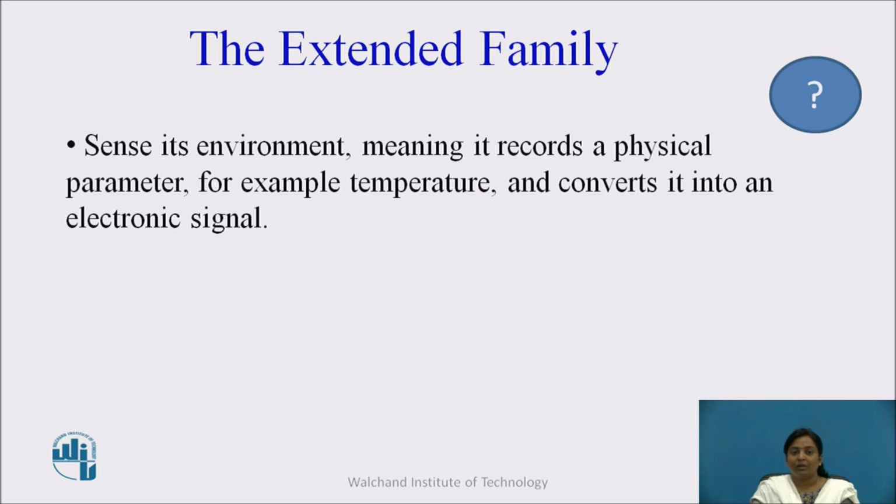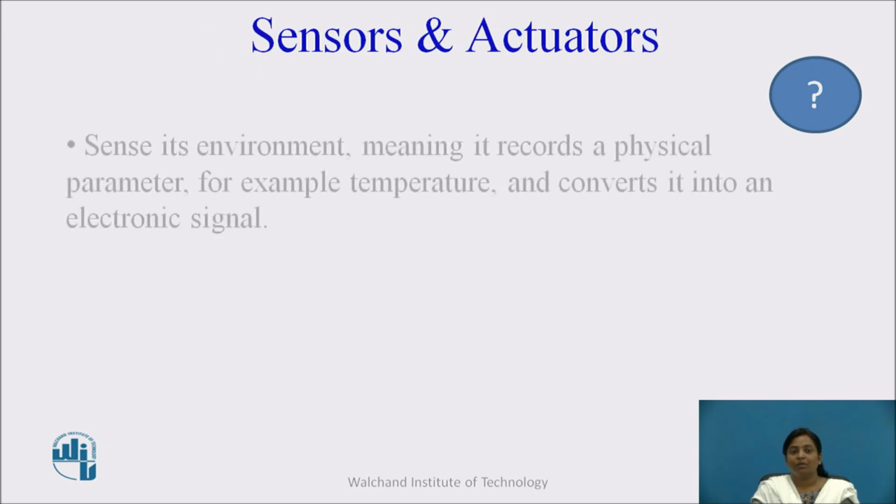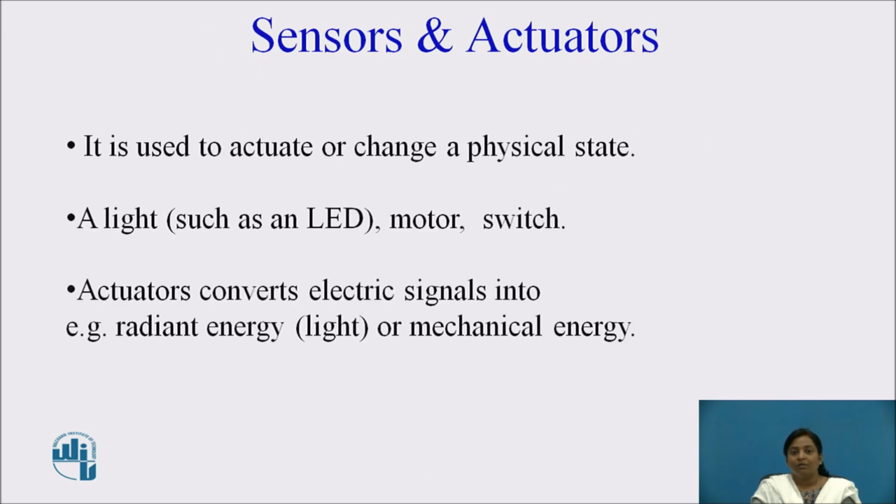So it is one of the extended devices. Then the actuator changes the physical state according to the order of the microcontroller, such as an LED, motor, switch. Actuators convert electrical signals into mechanical energy or radiant energy like light.